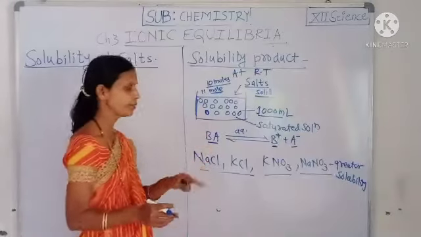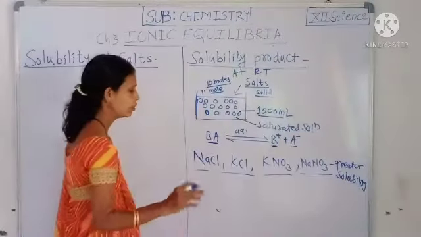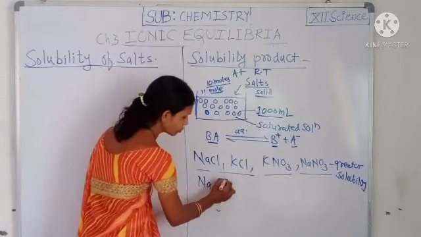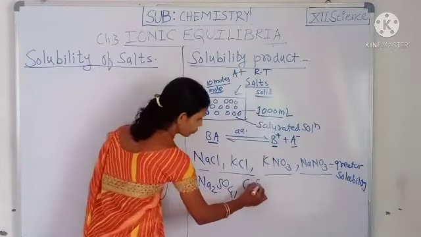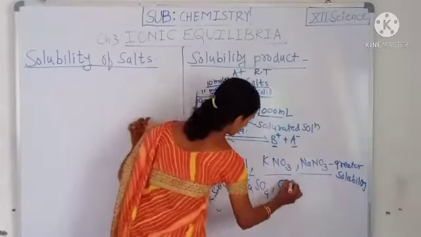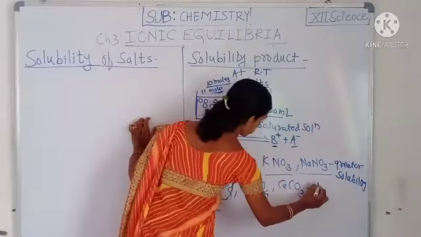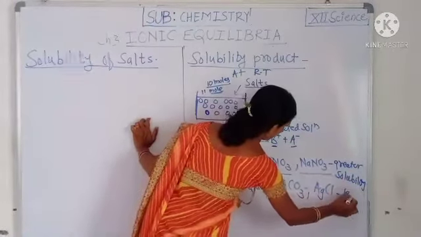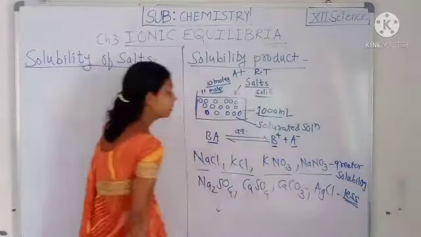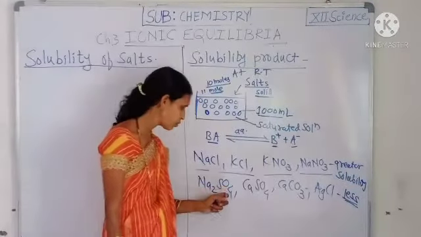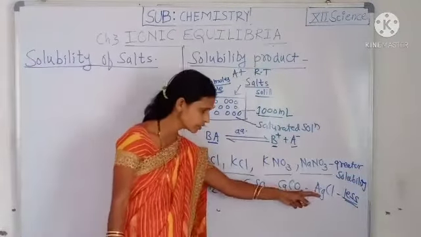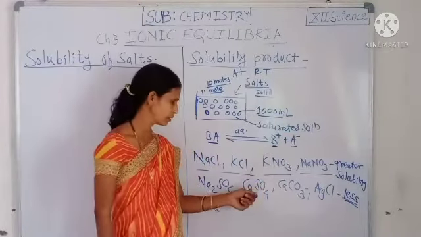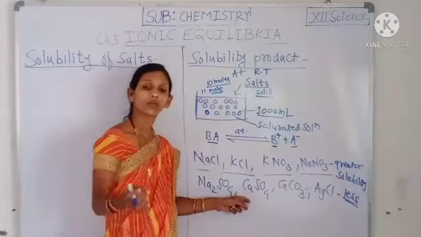But at the same temperature and in the given amount of water, the solubility of Na2SO4, CaSO4, calcium carbonate or AgCl is very less. That means the number of moles of these salts dissolved in a given amount of water at a given temperature is very less.